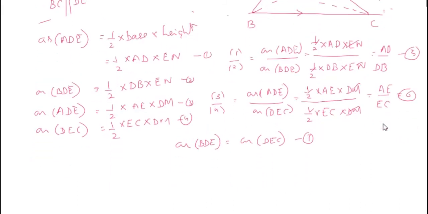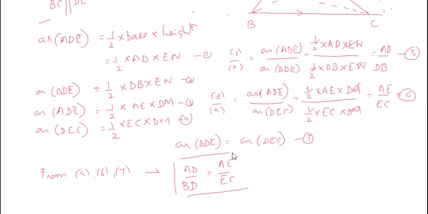So from 5, 6, 7, it is proved that AD by BD equals AE by EC. This is the proof of Thales theorem.